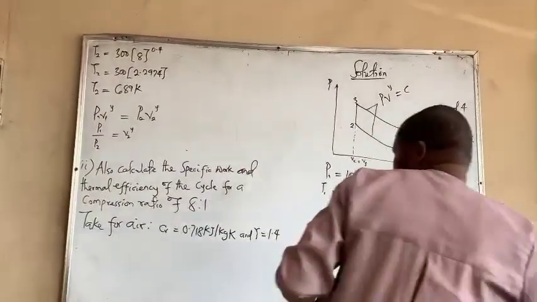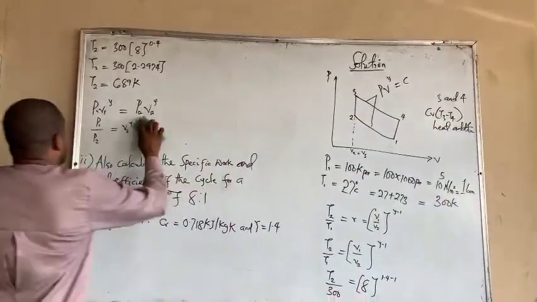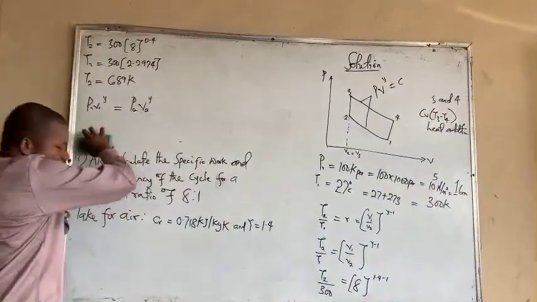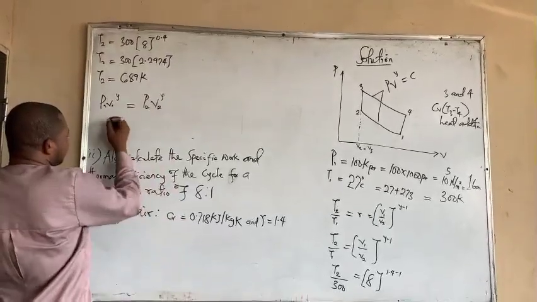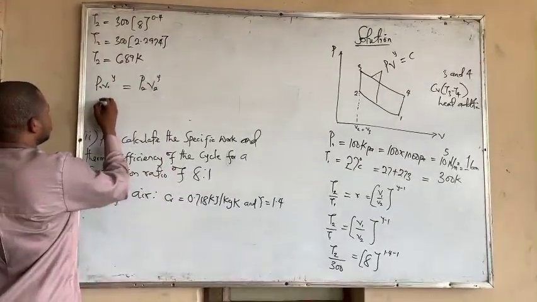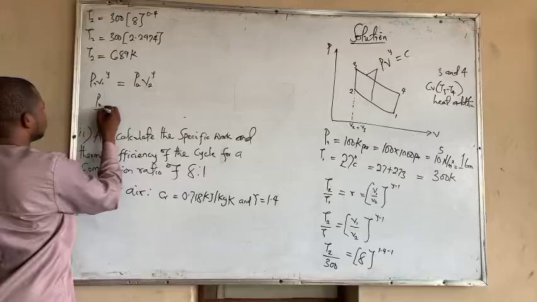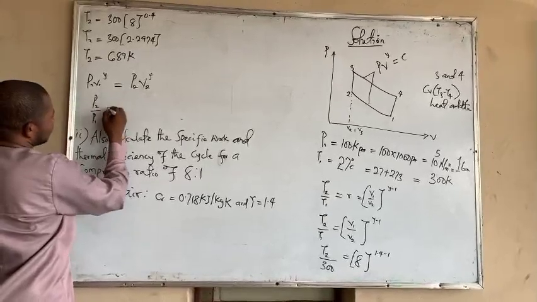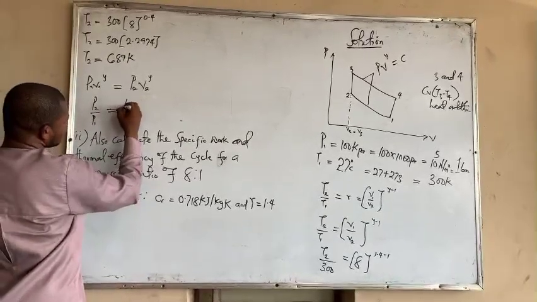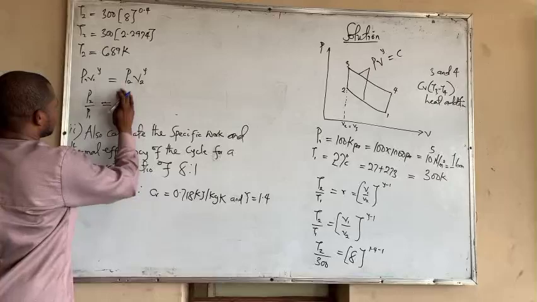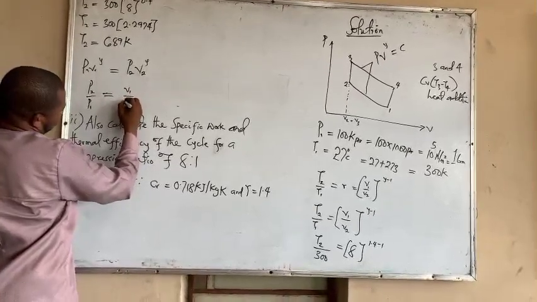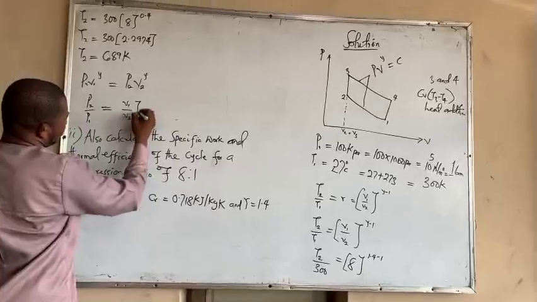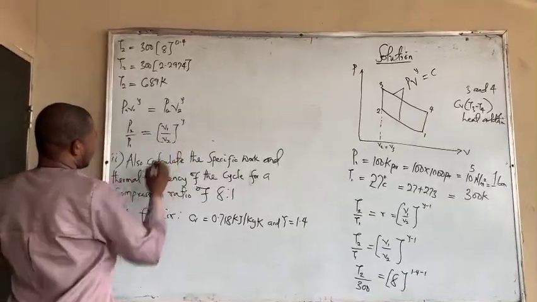Instead of going through these rules, I could bring P1 down and take P2 up so that I can still maintain my compression ratio. So this becomes P2 over P1 gives me V1 over V2 to the gamma.